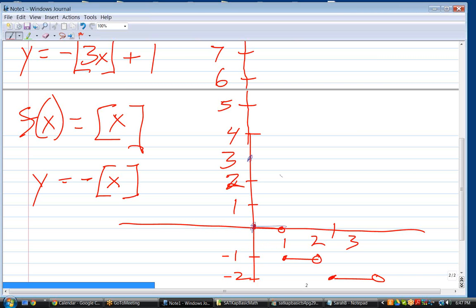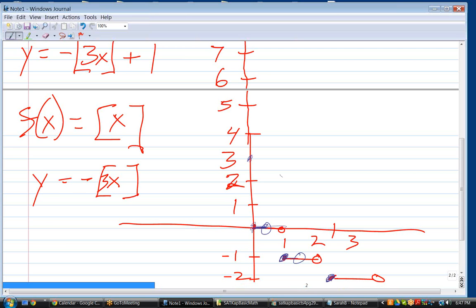Okay? So if I now want to plot, I want to stick the 3 in like that and try to plot this in blue. It would scrunch everything up so that the first part would go from there to there. The next part would go from here to there.